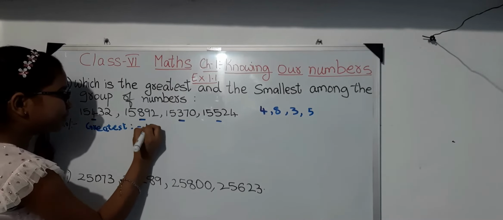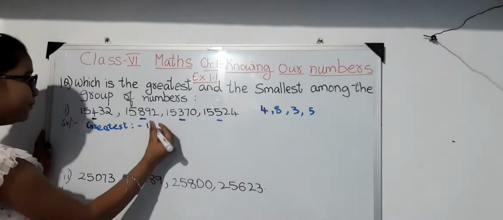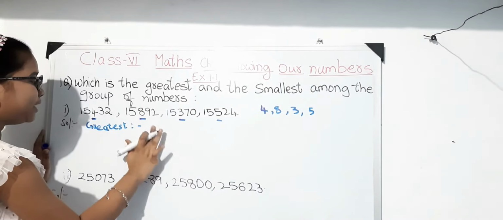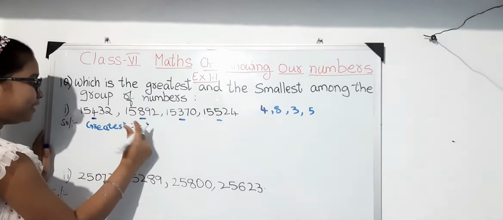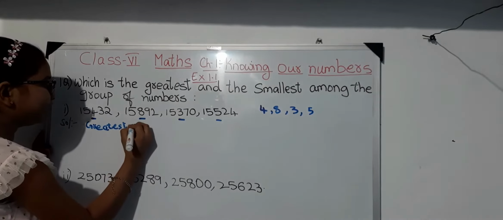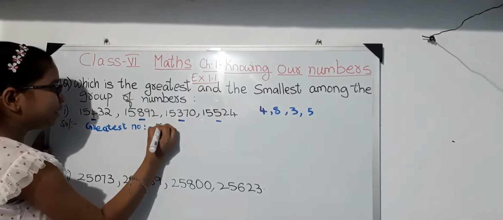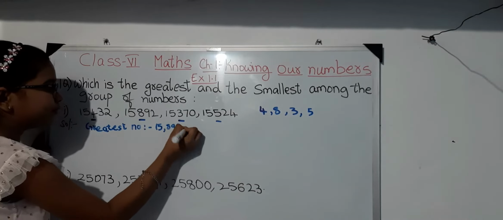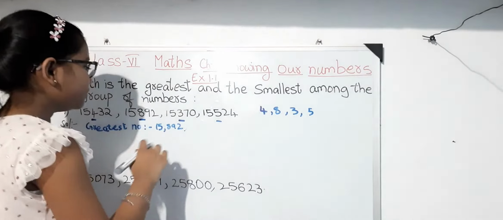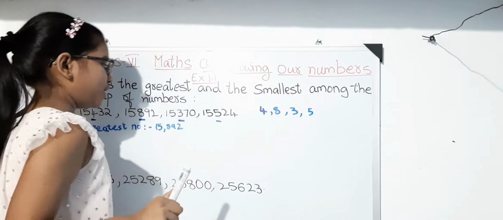The greatest number is 15,892. Next, in this, which is the smallest? 3 is the smallest.